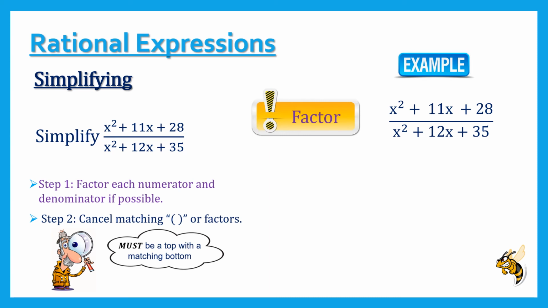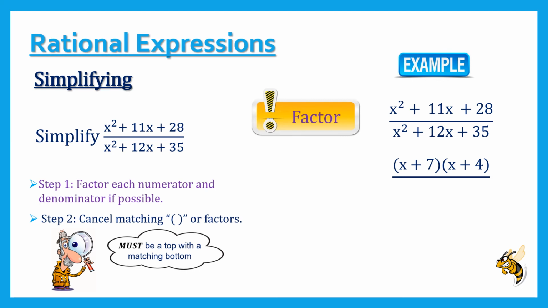Remember, reading it backwards. So those two numbers are 7 and 4. And we know both of them are going to be positive because it's a positive C and B is positive. You can double check. 7 plus 4 is 11. 7 times 4 is positive 28.